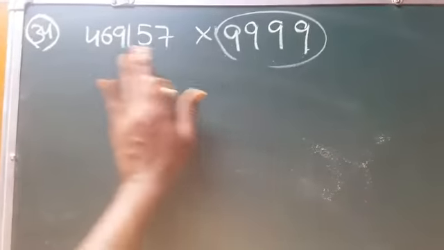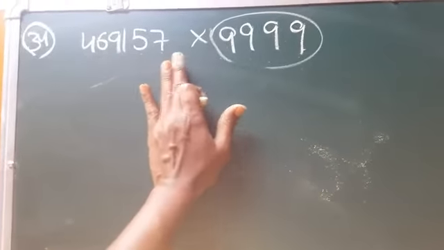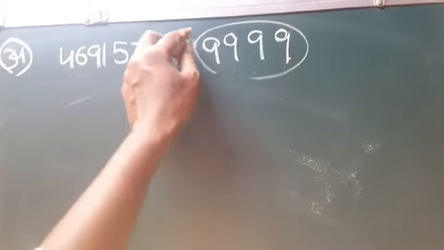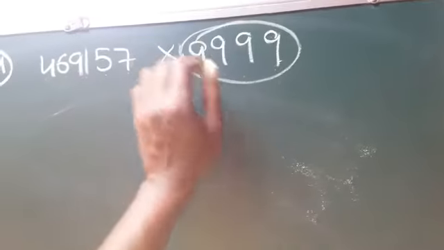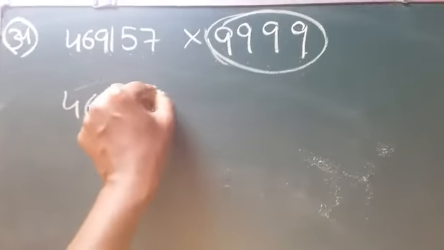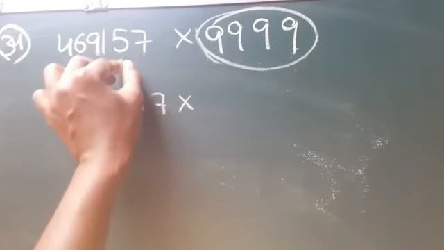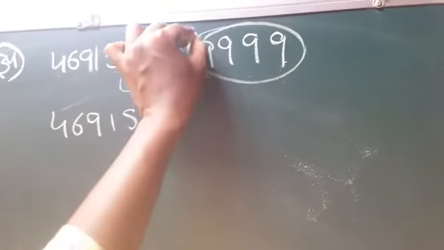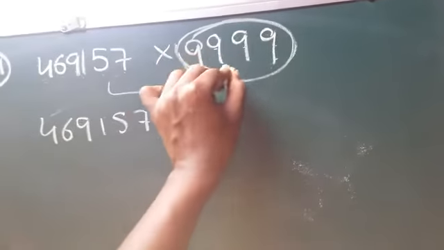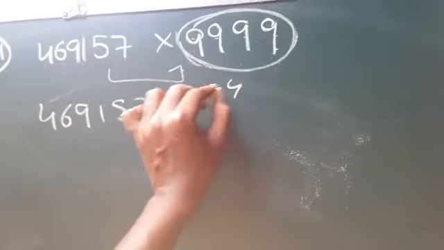See the next question. 469157 into 9999. Observe here, one of the multiplicands has all digits 9. So whenever all digits are 9, if you want to do multiplication, count the number of 9s. Here the total number of digits is 4, right?